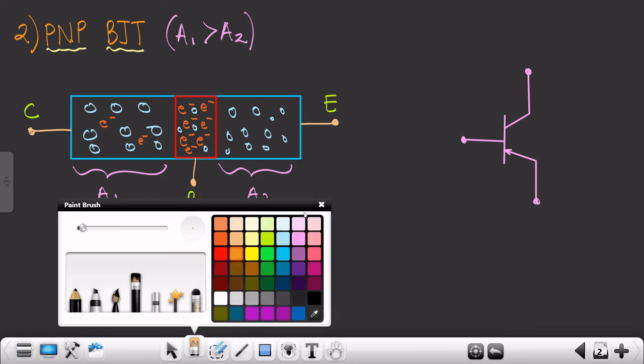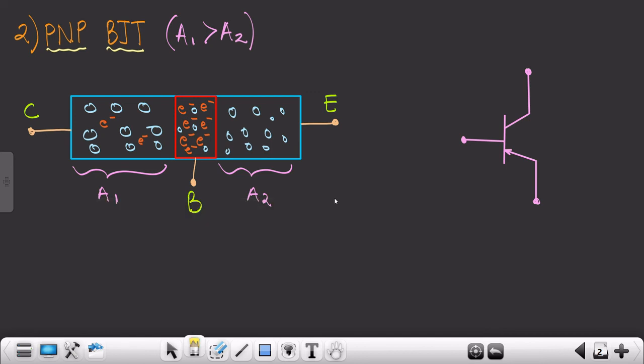So now, let me take a different color, maybe yellow. This is C, indicating the collector electrode. This is B, indicating the base electrode or base region of the transistor, and this is E, indicating the emitter electrode or emitter region.